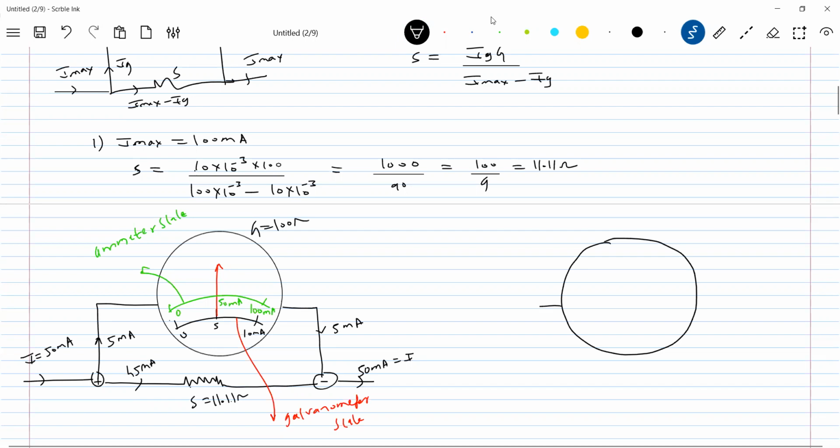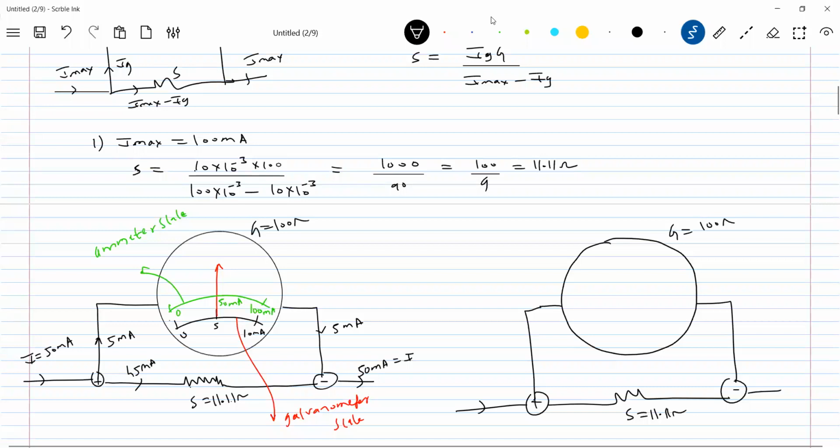Once you understand this basic, all the remaining numericals are very easy for you. Now, let's assume I send 20 milliampere. Then how much here? 2 milliampere. The remaining 18 milliampere will flow through the shunt.